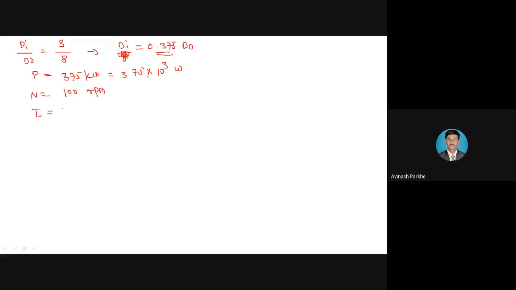Tau is given, 60 Newton per mm square. Then T max is 20% extra, meaning 120 divided by 100 into T mean. Therefore, T max is equal to 1.2 into T mean.